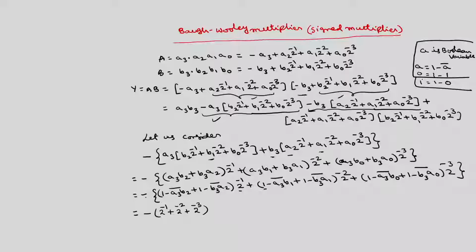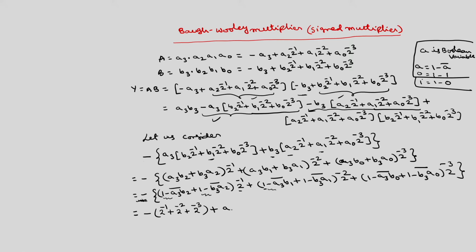and this minus sign if I take inside, this becomes plus. This minus of minus becomes plus, this minus of this minus becomes plus, this minus of this minus becomes plus, all becomes plus. Okay.